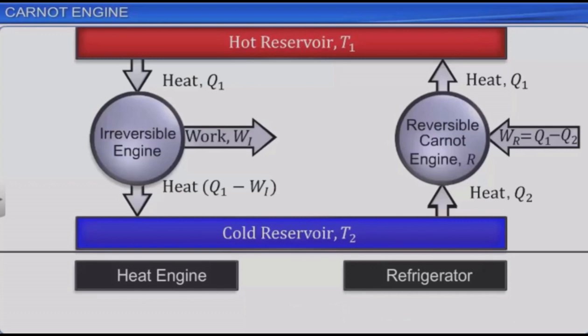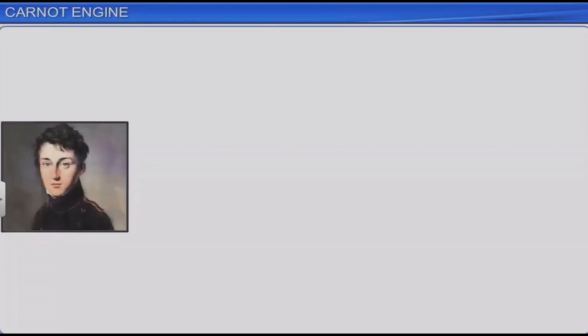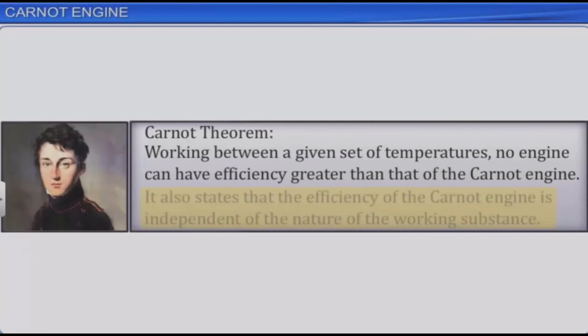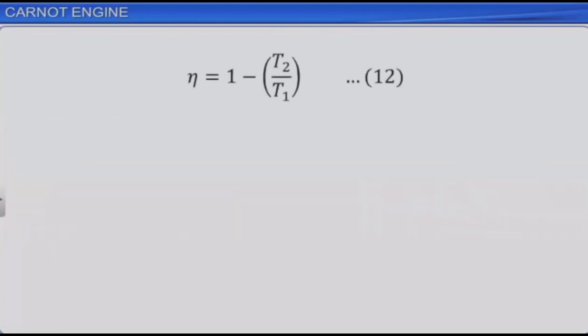It states that working between a given set of temperatures, no engine can have an efficiency greater than that of the Carnot engine. It also states that the efficiency of the Carnot engine is independent of the nature of the working substance. Though we use the ideal gas equation while deriving equation 12, it must be true for any working substance.